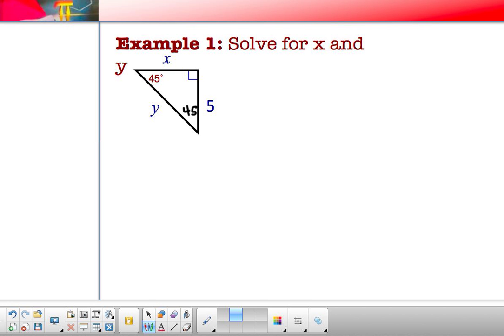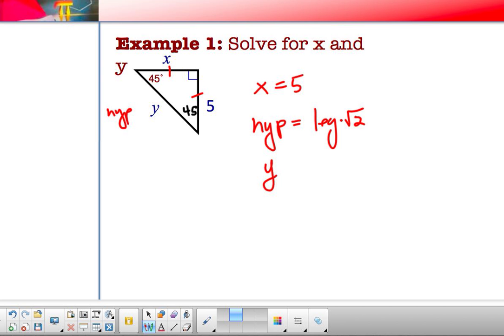So let's do an example. Let's solve for x and y. Now right off the bat, we see we have a 90-degree angle in my triangle. We see this angle here is 45, so we know that this angle has to also be 45. Now because it is an isosceles right triangle, the two legs must be congruent. Therefore, x has to equal 5.